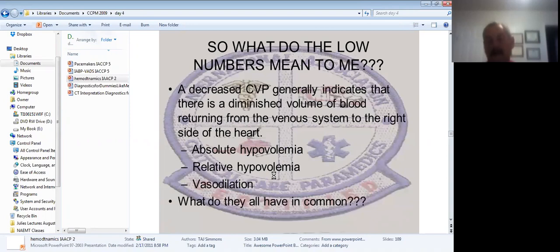The most important thing about central venous pressures is to know what they mean. Remember, central venous pressure essentially indicates whether there's a volume deficit or not. As fluid is returning from the venous system to the right side of the heart, this would allow you to measure absolute hypovolemia, relative hypovolemia, or vasodilation.